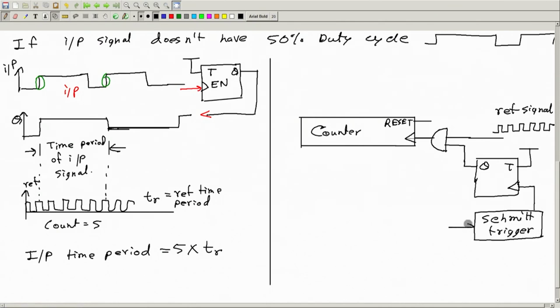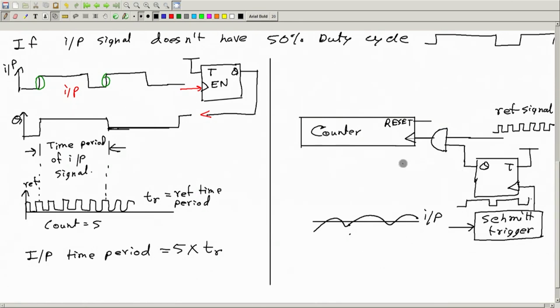Okay. So, you give the input here, which can be a non-square wave like this, and this is also, you see, not half wave symmetric. So, therefore, after this Schmitt trigger we will have a waveform here which will look like possibly this. Okay.